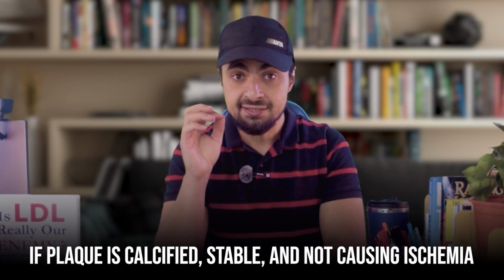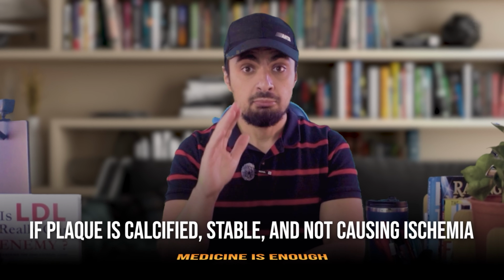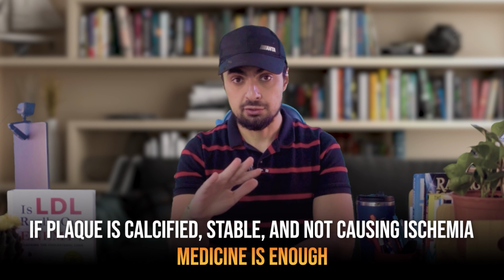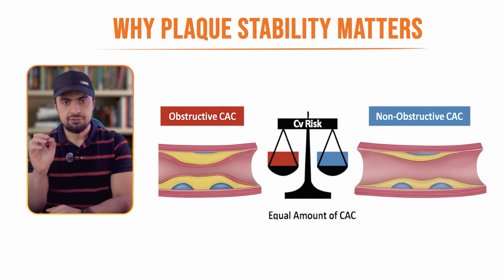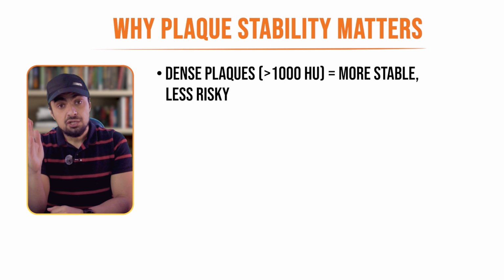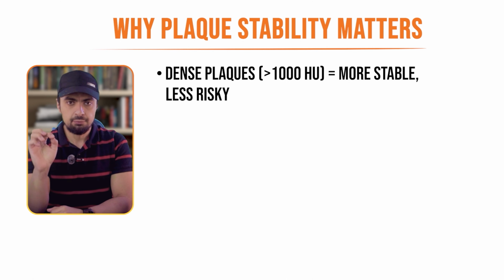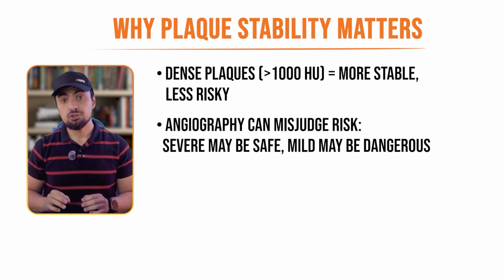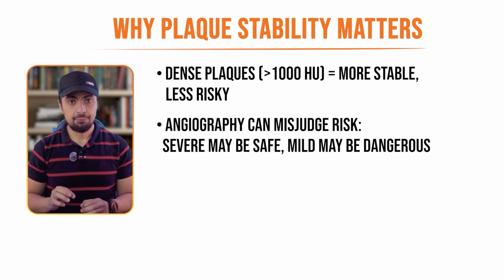If calcified and stable and not causing ischemia, medical therapy is often sufficient. Now, why this matters in understanding plaque stability. Dense calcification in plaques, especially high density, greater than 1000 HU, can signal a more stable, less dangerous lesion. Coronary angiography, while important, may not fully capture the risk profile.